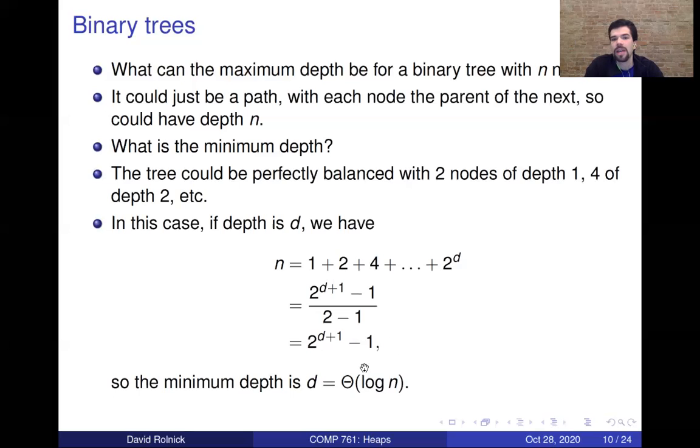It could vary by like 1, so it could be like log n plus 1-ish. There's a floor or ceiling function depending on how you want to write it. I'm not going to worry about that. Questions?